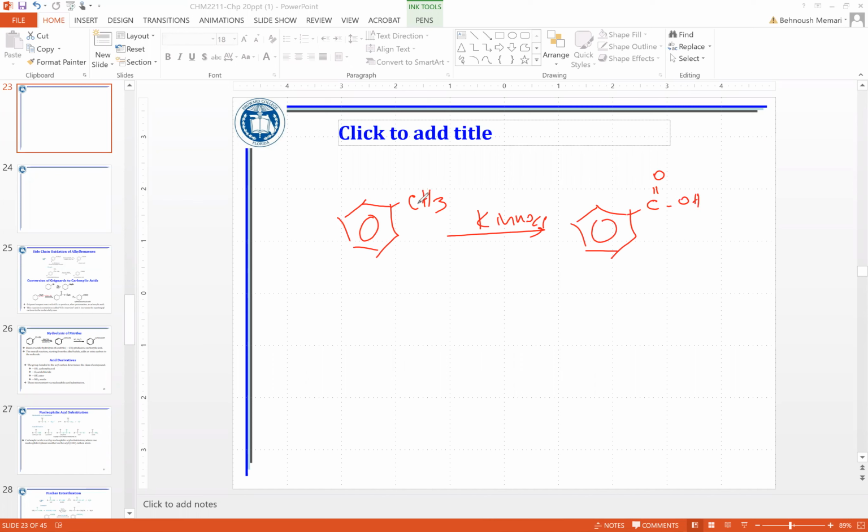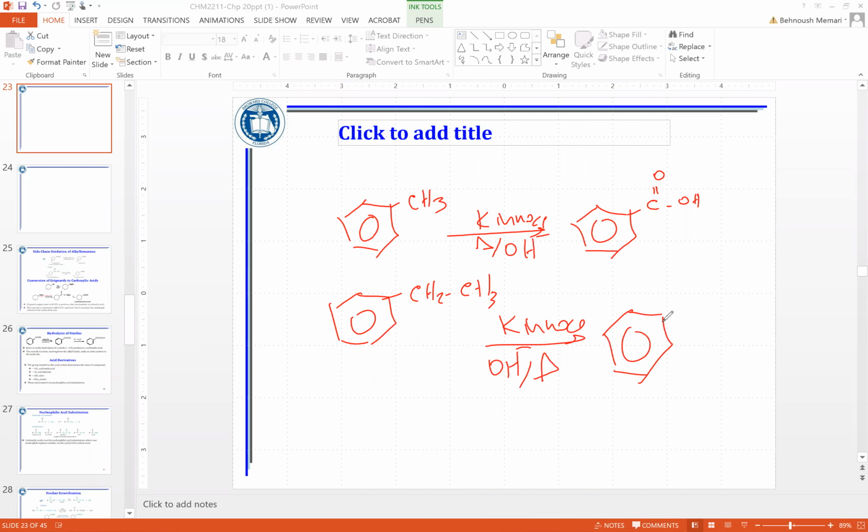Because the side chain would change to it. If you have ethyl benzene, of course, with heat and hydroxide, it would change to benzoic acid.